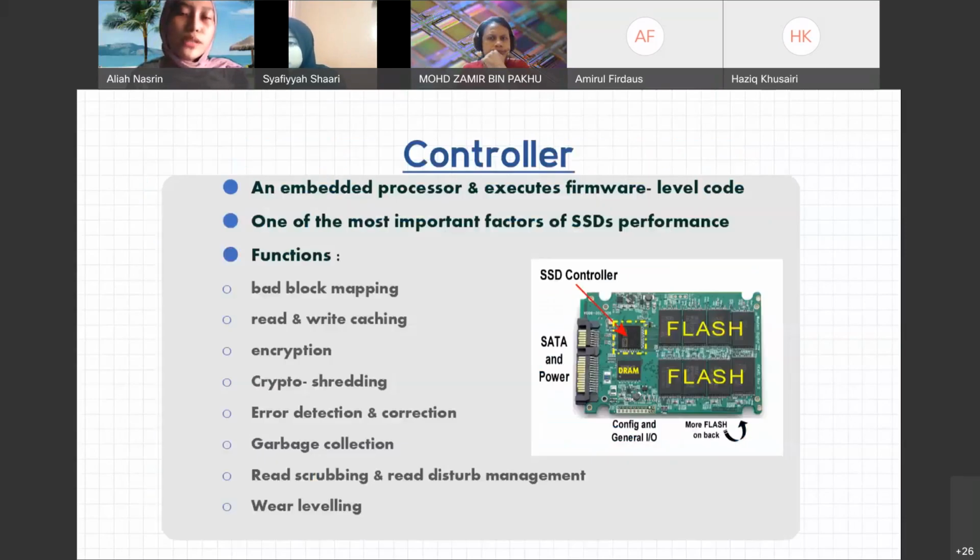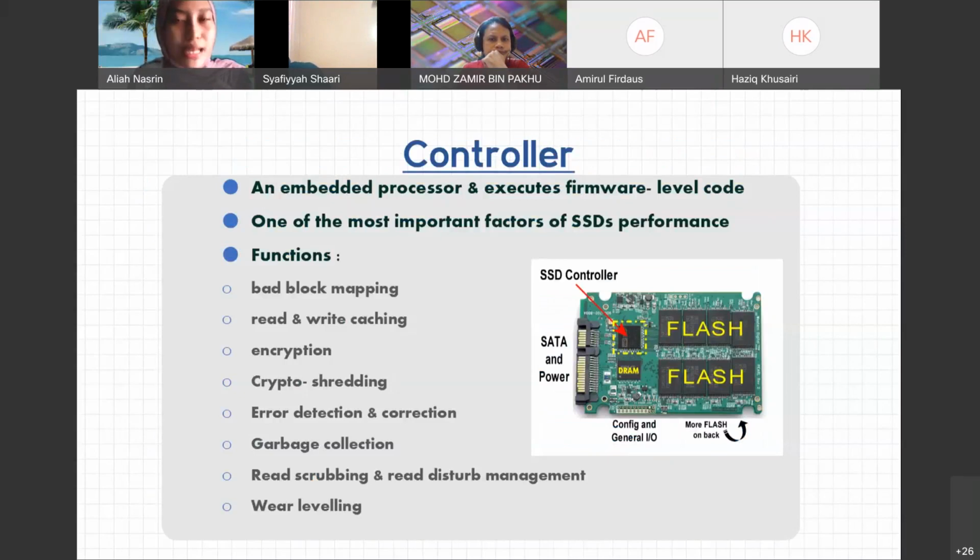So the key components of SSD. First is the controller. First component that I'm going to explain here: every SSD includes a controller that incorporates the electronics that bridge the NAND memory components to the host computer.